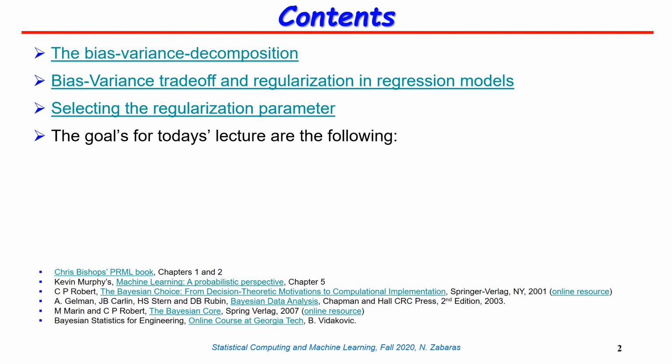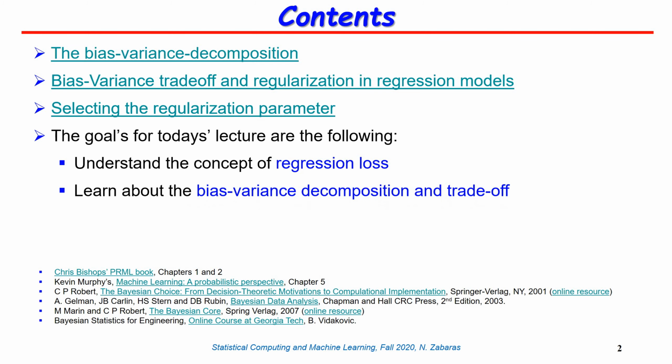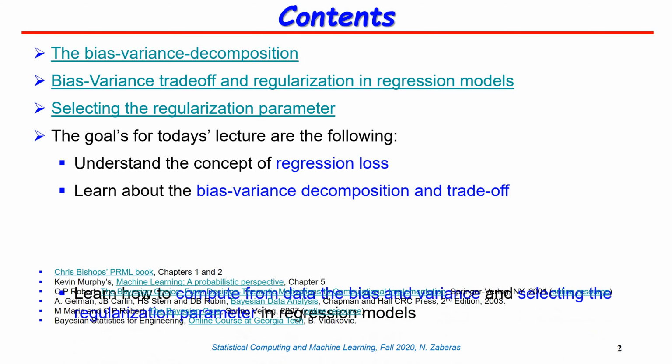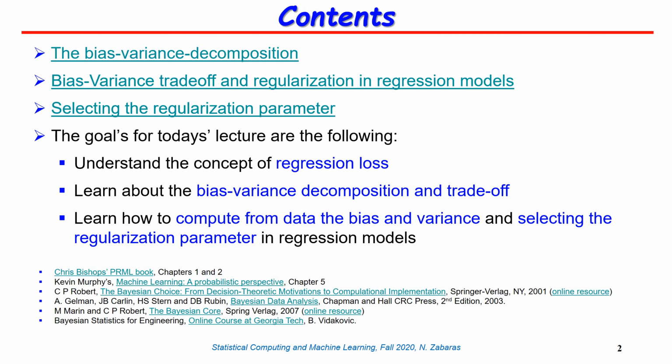And so the goals for today basically are to understand what this bias variance decomposition is, and to understand what a regression loss is, because that's where we're going to start calculating things to derive this decomposition. And of course, at the end, I'm going to give you some Monte Carlo estimates for the bias and the variance so you can implement this in practice.